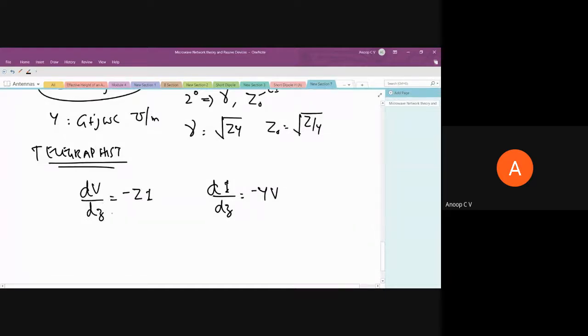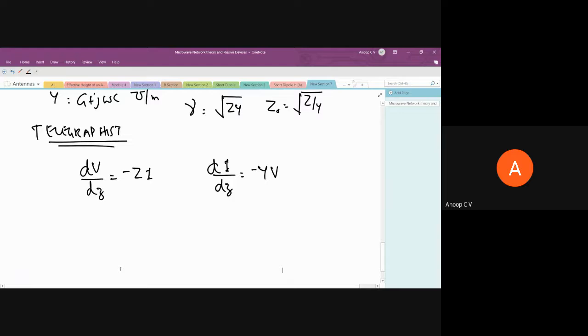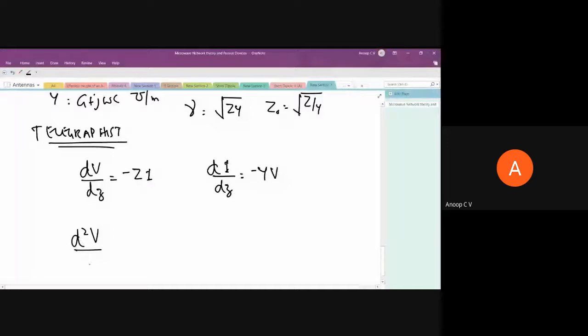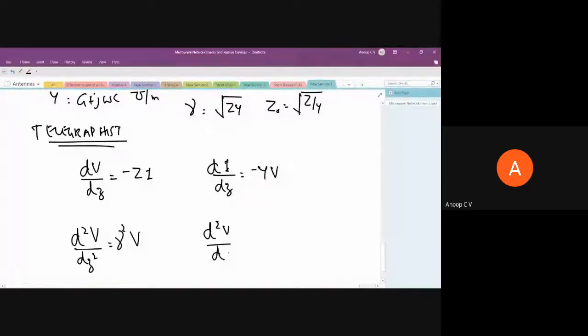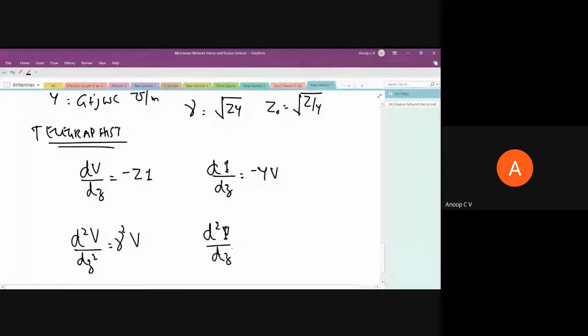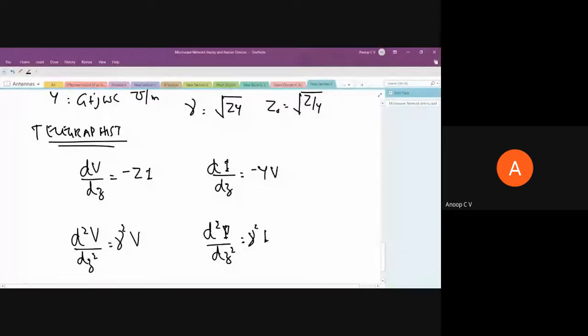Then what we did is we took derivative of one with respect to z and the other with respect to z, and substituted. We got the transmission line equation in phasor form: d square V by dz square is equal to gamma square V, and d square I by dz square is equal to gamma square I.